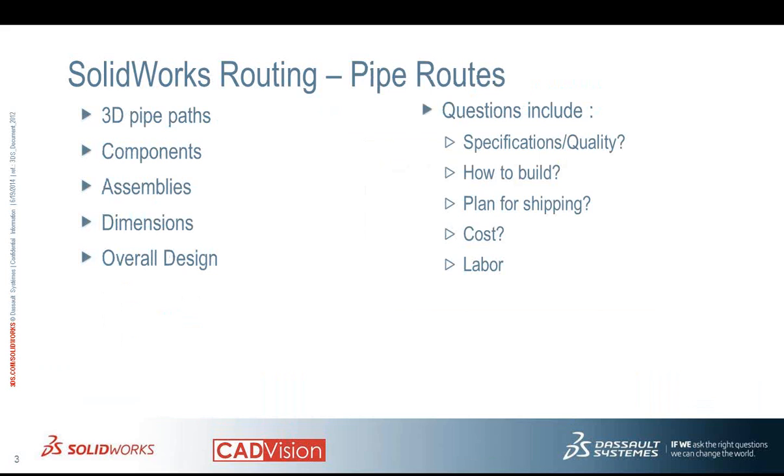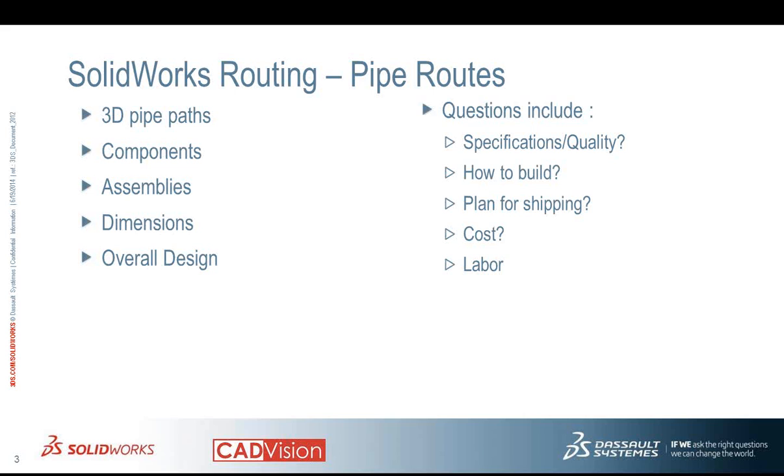So SolidWorks Routing, we talk about pipe routes first. SolidWorks Routing includes all these functionalities: 3D pipe parts that come with some standards, general components of the route, and then assemblies, which is creating all the routes.